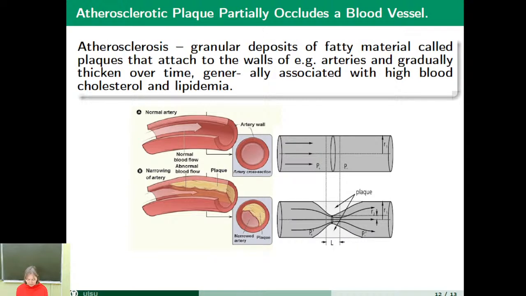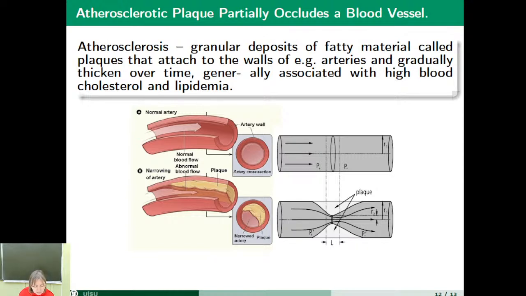We can now easily understand several things about this situation. First, if the total flow in arteria B is still being maintained at close to the levels of the flow in arteria A, the fluid velocity in the narrowed region is 10 times higher than normal.